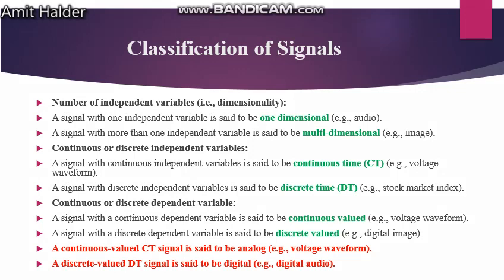A signal with one independent variable. That means it depends on the dimensionality. If it is an audio signal, it depends on a single variable, time. So it is a one dimensional signal. But when you watch a picture, when you watch an image, it's not dependent on one dimension. It depends on two dimensions at least.